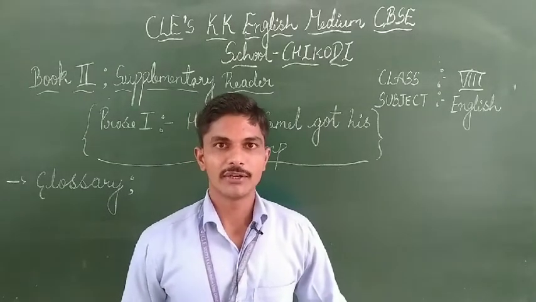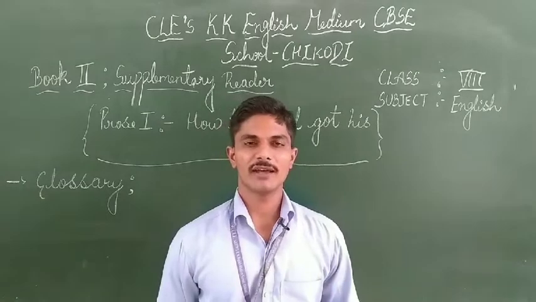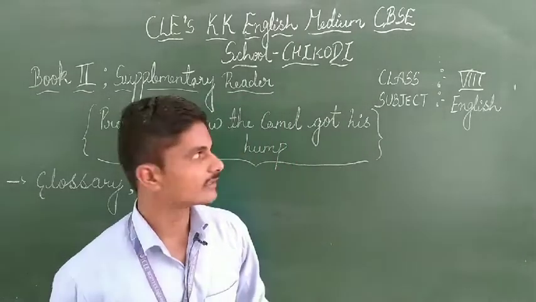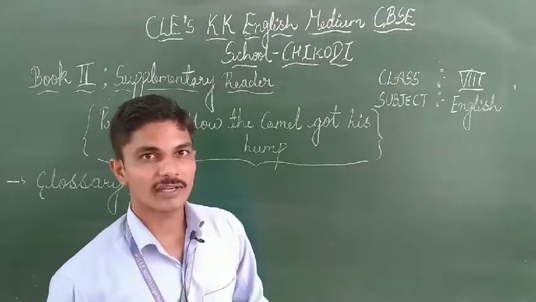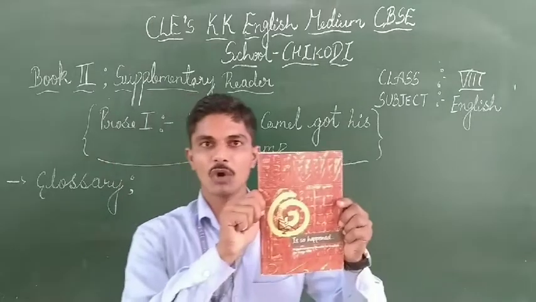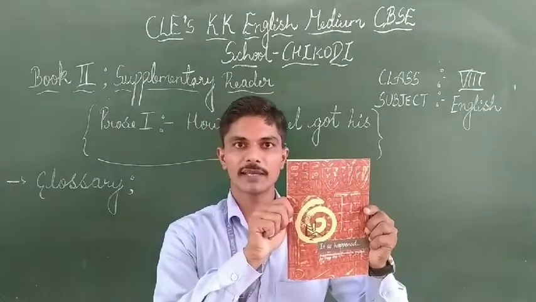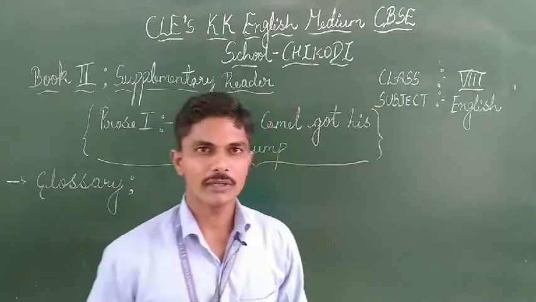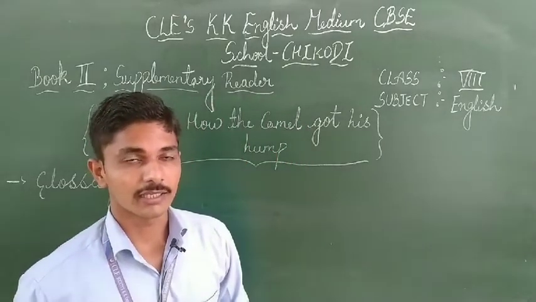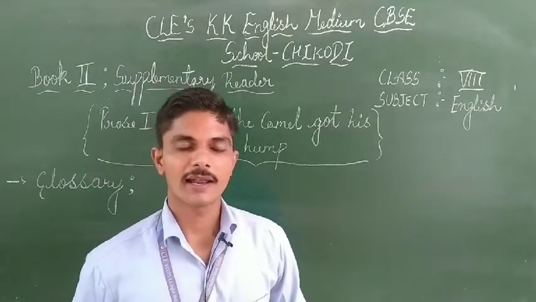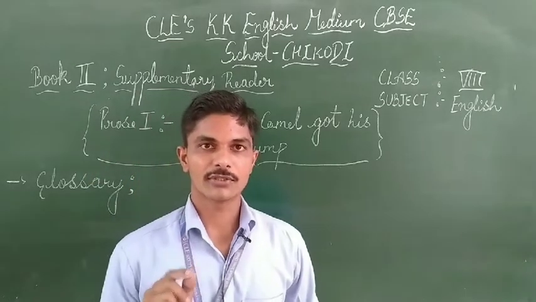So students, today we are going to begin with the first class of English, which is the supplementary reader. Yes, you are the right one. This is the book we are going to begin with, and I hope it is given to each and every one, the students who have taken their books from the book library.